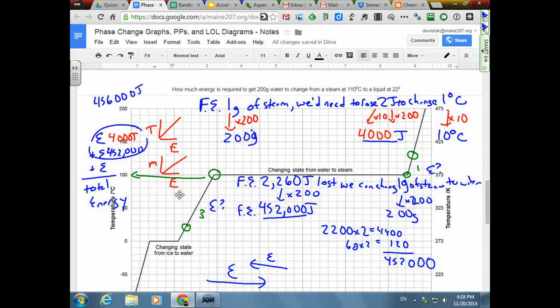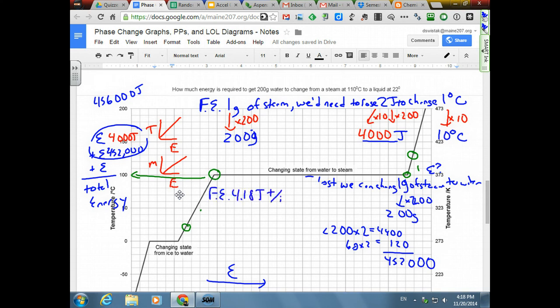Now I've still got one more thing to go here, and I'm going to need to erase this here real quick. And I've got my last energy transition here. So this is going to be for every 4.18 joules of energy, there is 1 gram of water changing 1 degree Celsius. Ugh, I need to erase the rest of this stuff here.